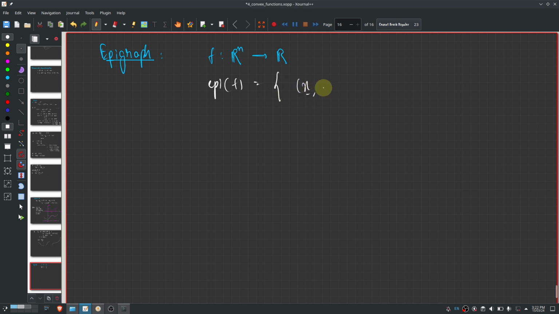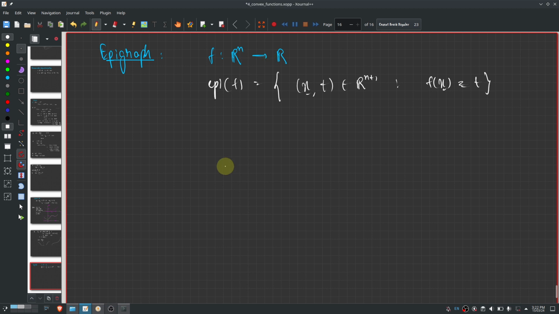So it is a set of all x comma t in Rn plus 1 such that f of x is less than or equal to t. So it looks similar to the sublevel set that I defined, except that the sublevel set was defined for a particular alpha, right? Set of all x for which f of x is less than or equal to alpha. Whereas this is a set in Rn plus 1.